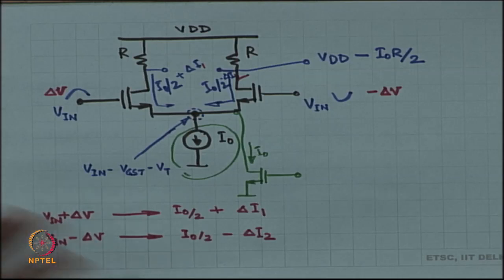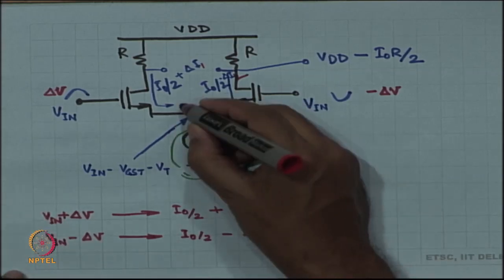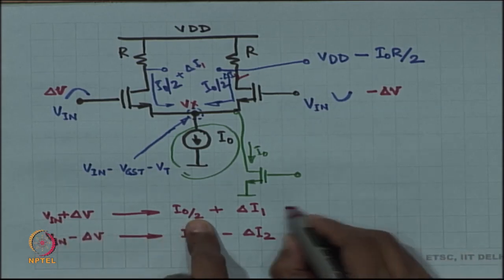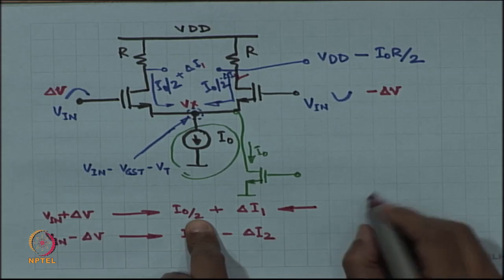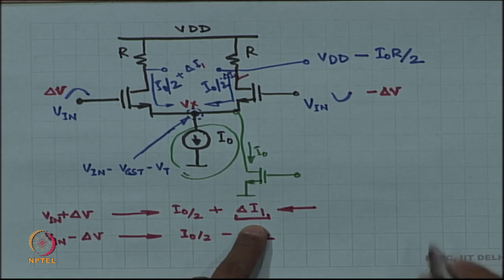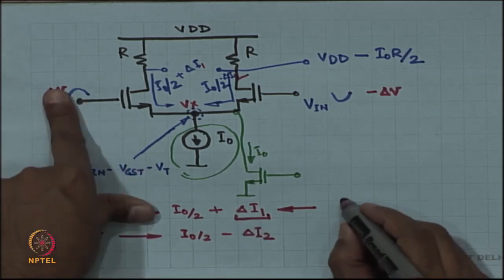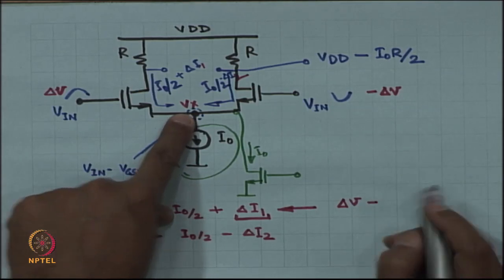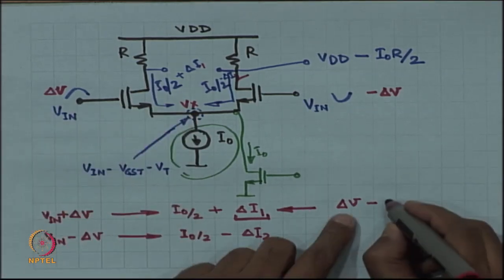Because VGS changed. So, let us call this some Vx. All right. So, the response over here, this delta I1, is a response of delta V changing minus the source voltage, let us say it changed.